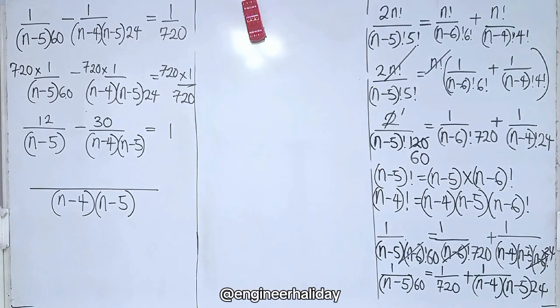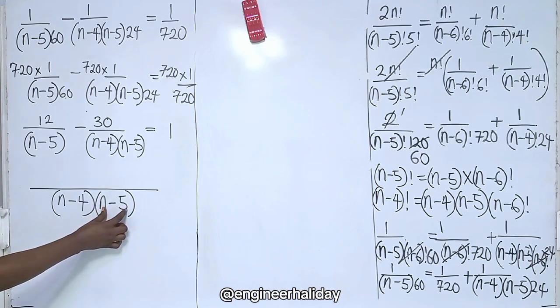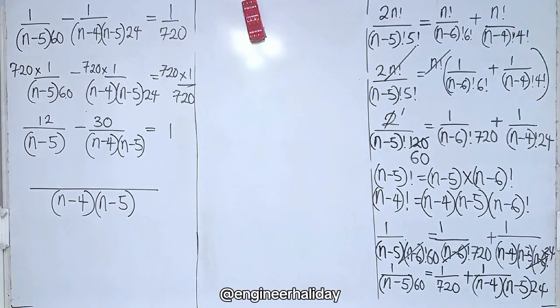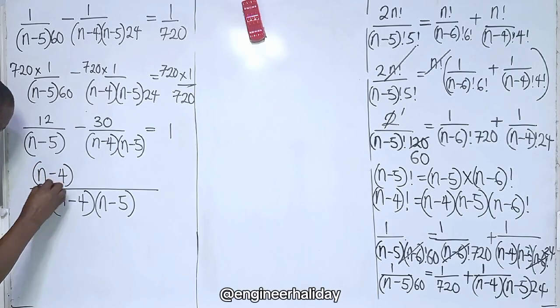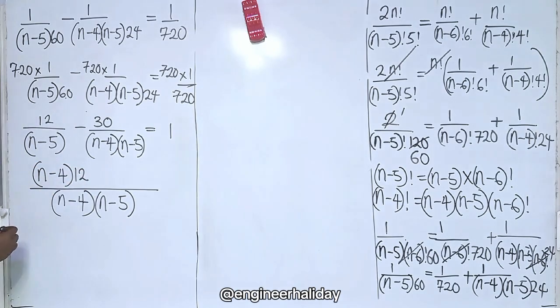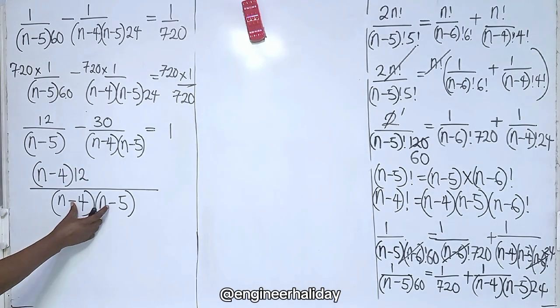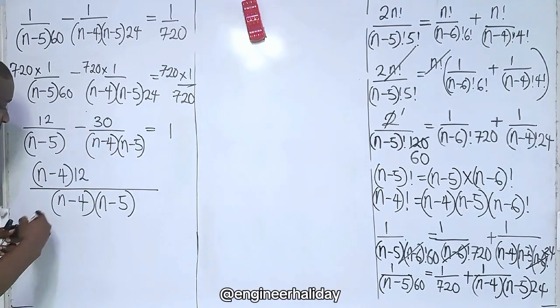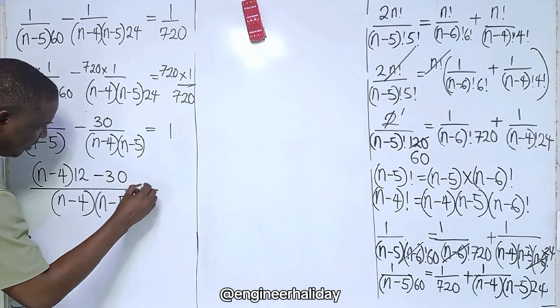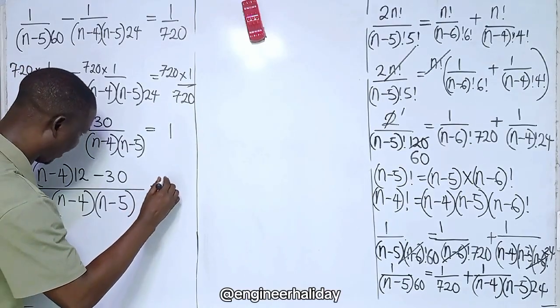So this LCM divided by this will give us n minus 4 times n minus 5 divided by n minus 5, which gives n minus 4, multiplied by 12. We are going to have n minus 4 times 12. Similarly, the LCM divided by this, that one times that, we would have minus 30 is equal to 1.